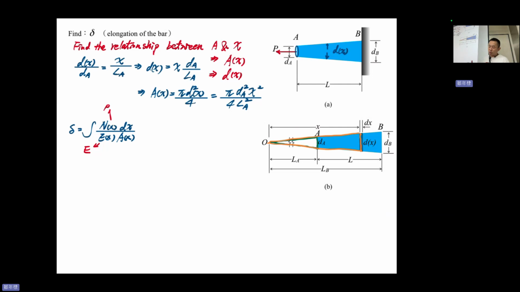So you successfully obtain the relationship between A and x. So you can substitute this A into this A. Then all the important things come in.